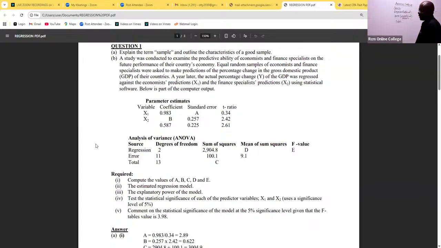And then we have what we are calling degrees of freedom. The explained degrees of freedom there are 2, 11, adding to 13.